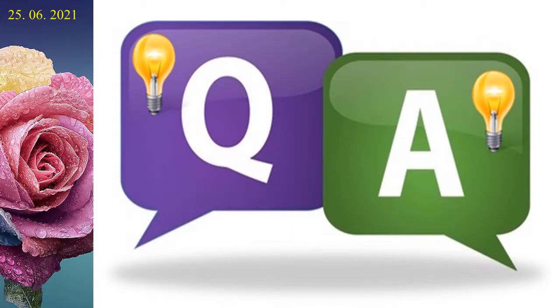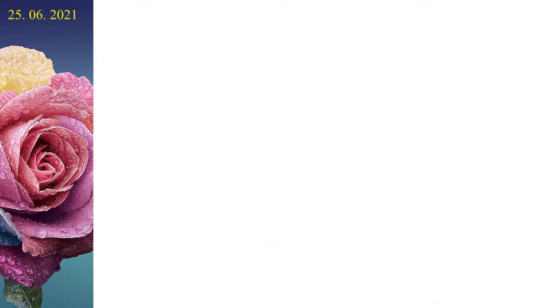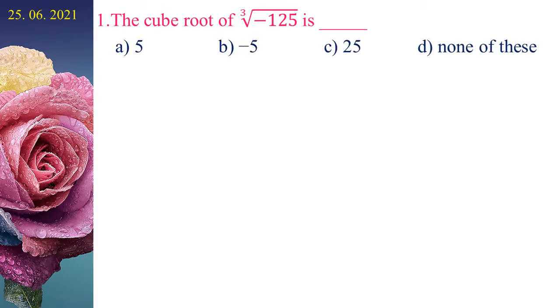Now, question time. The cube root of minus 125 is dash. A 5, B minus 5, C 25, D none of these. Answer B, minus 5.